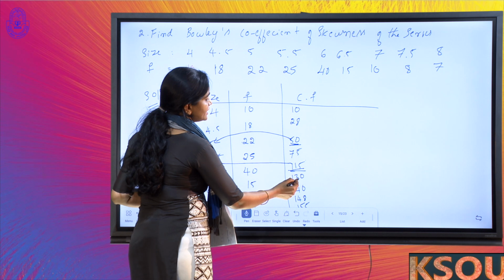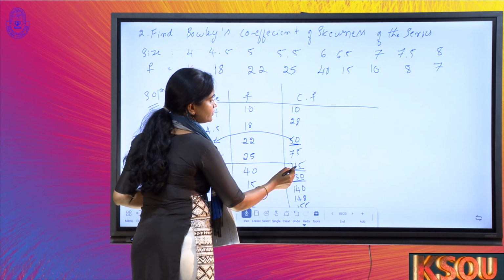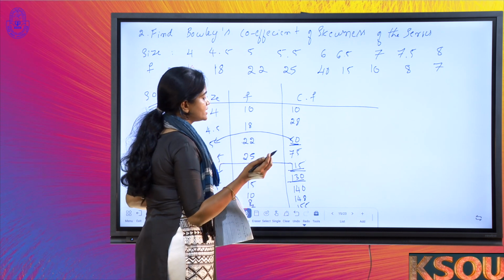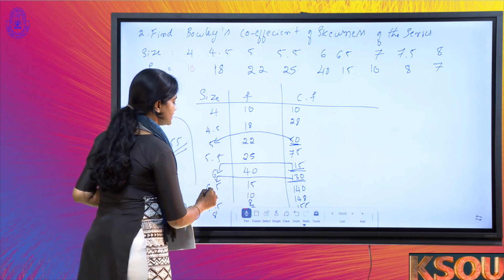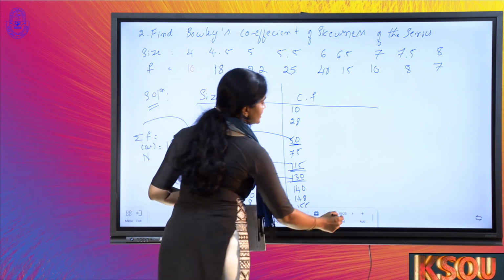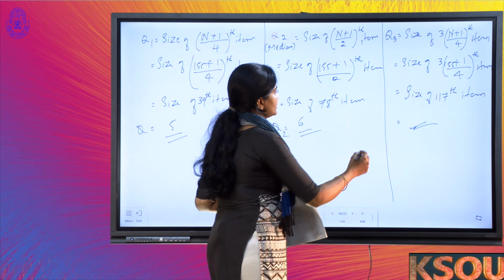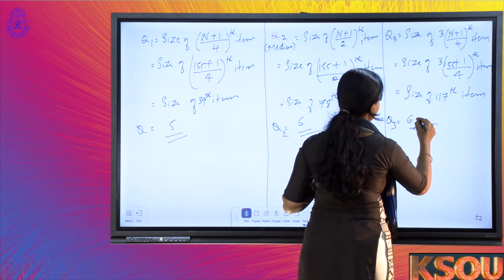So, just greater than 117 is 130 here, isn't it? Here you have 115, we will have to take 117. So, just greater than 117 is 130, take corresponding value of x, that is 6.5. So, that will be the Q3 value here. Q3 is equal to 6.5.